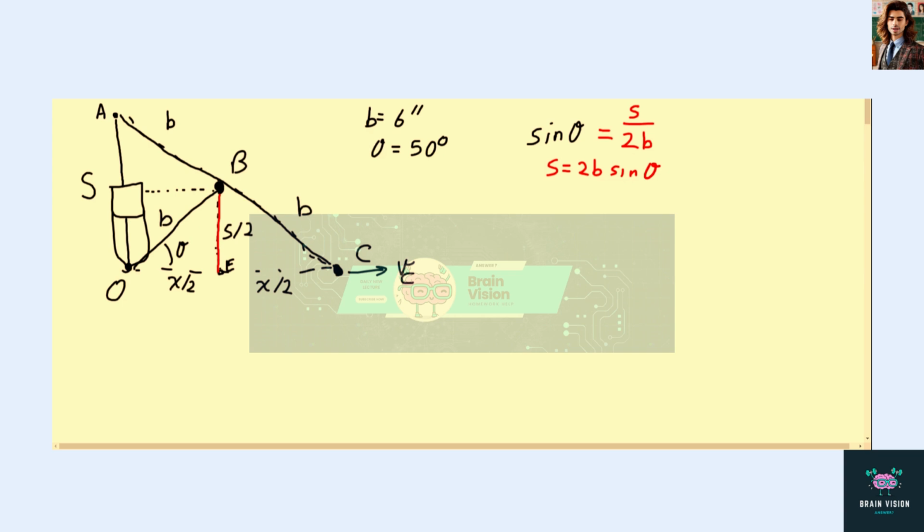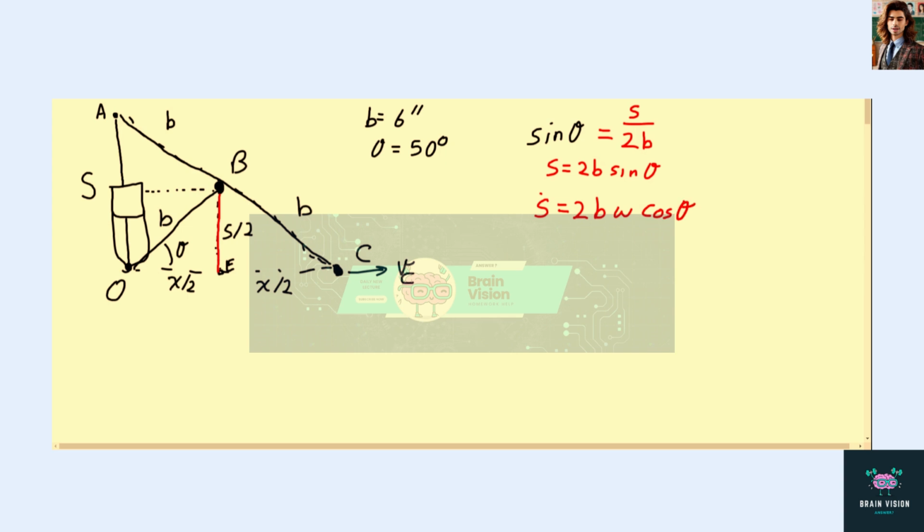Then we can take the derivative with respect to t of both sides. So we have S dot equals, B is a constant, so that is outside of our derivative. Time derivative of sine of theta will just give us the angular velocity omega, or theta dot, whichever way you prefer to write it, times the cosine of the angle theta.